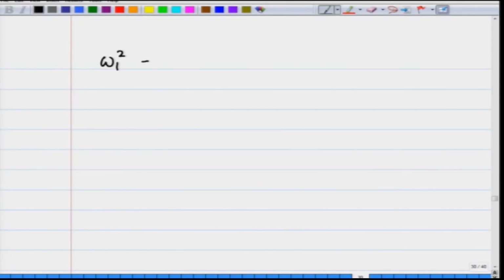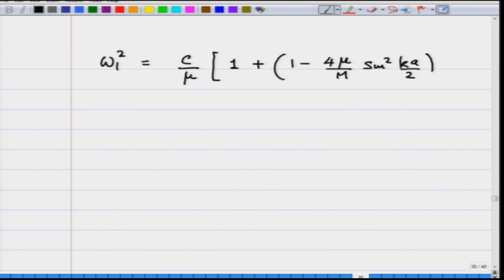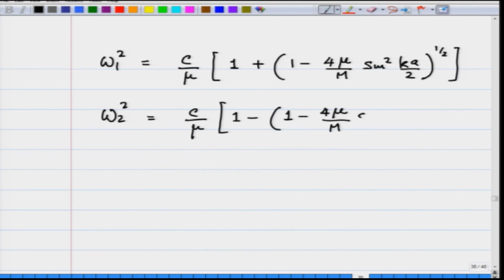So, let me collect terms and write again omega 1 square is equal to c over mu 1 plus 1 minus 4 mu over m sine square k a by 2 raised to 1/2, and omega 2 square as c over mu 1 minus 4 mu over m sine square k a by 2 raised to 1/2.